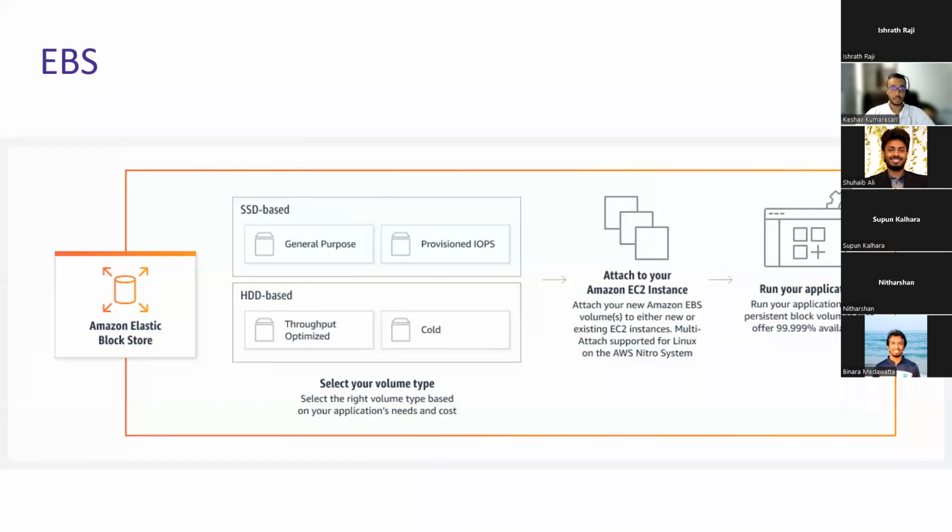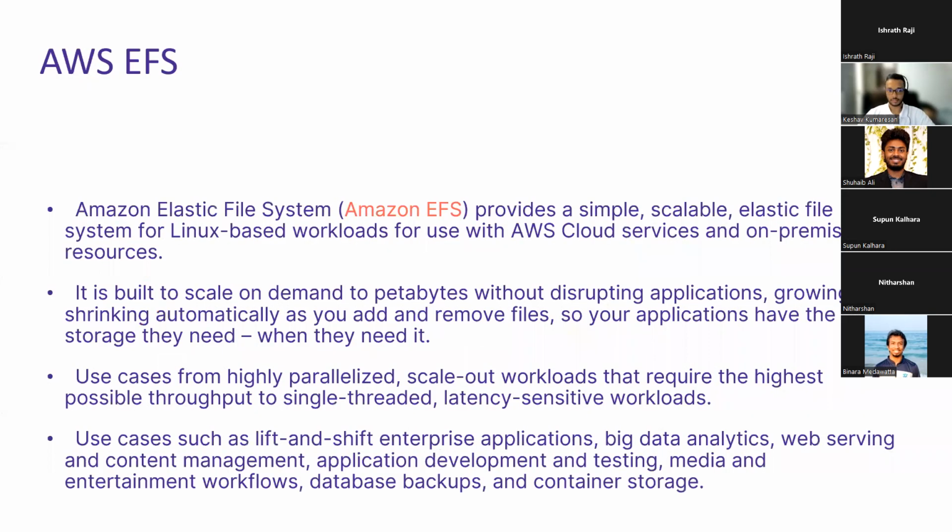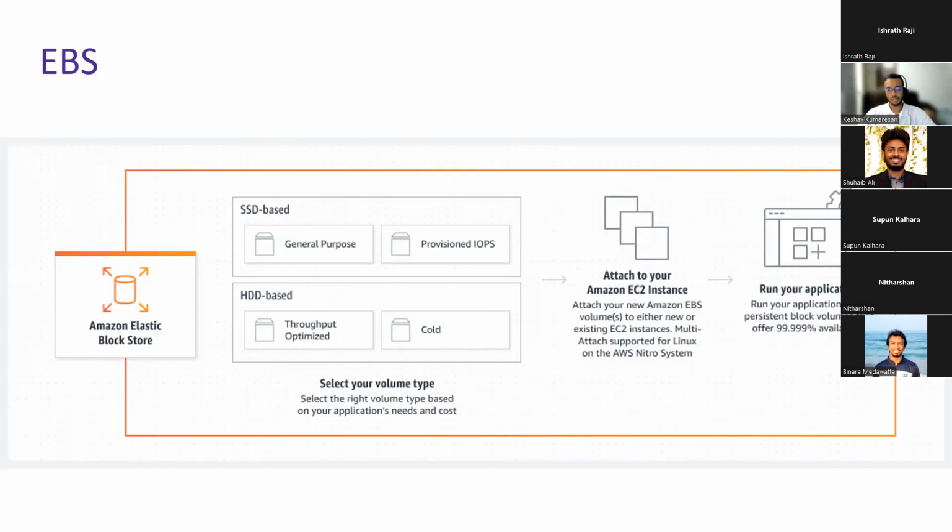So in those kind of scenarios, only the next service I'm going to talk about will be useful. It's called EFS. So EBS is used for only one instance that is connected to one storage, but that storage will give proper performance for that particular instance.